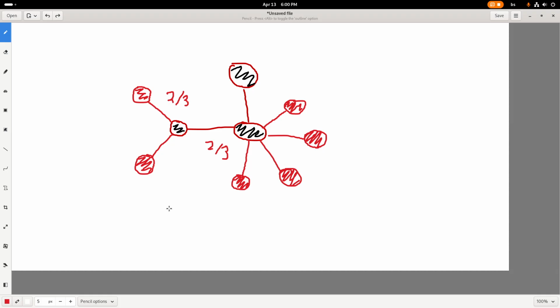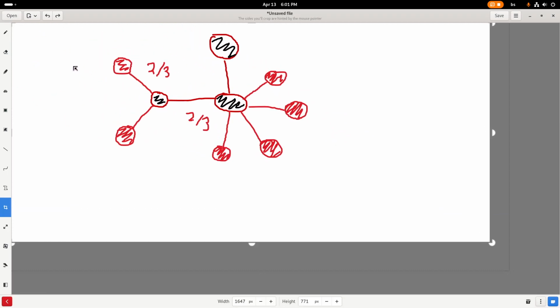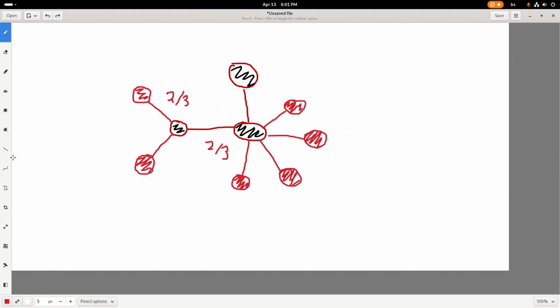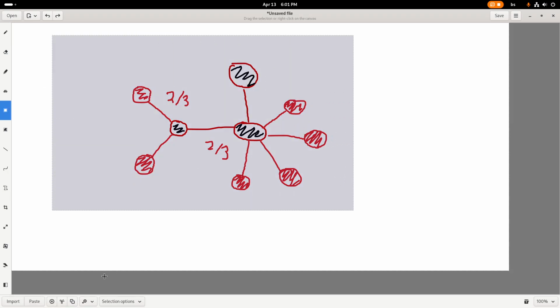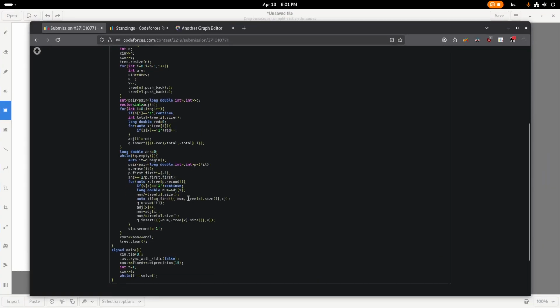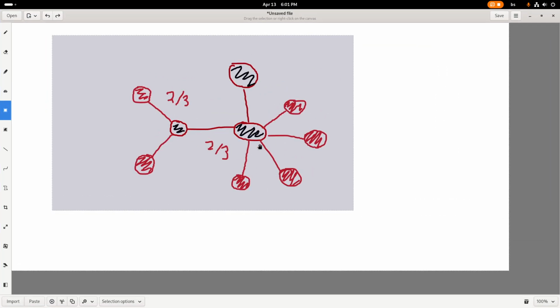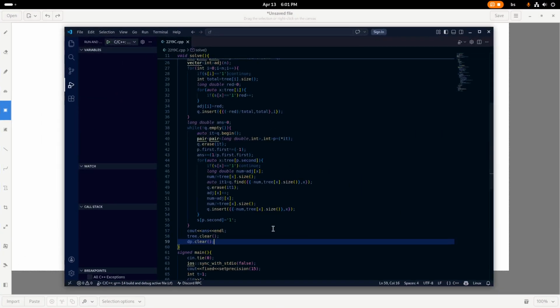Meaning it seems like this one is better. That means, because that's the code I submitted, it first prioritizes the ratio and then the number of neighbors. That would mean that this isn't the solution, and then it's probably some DP.